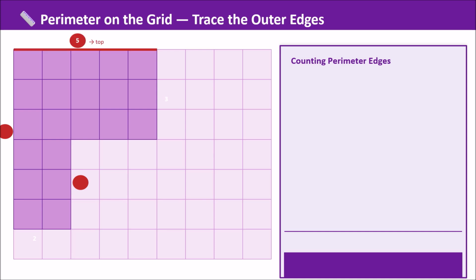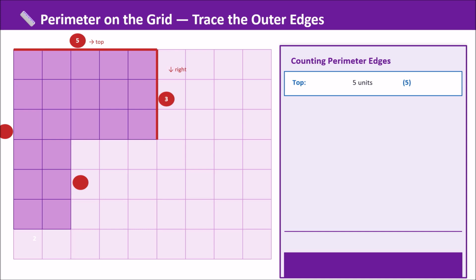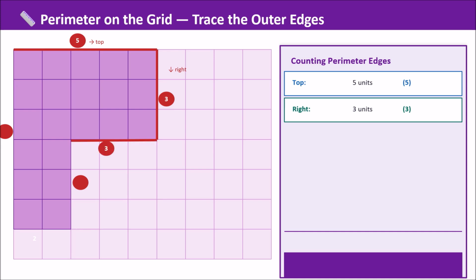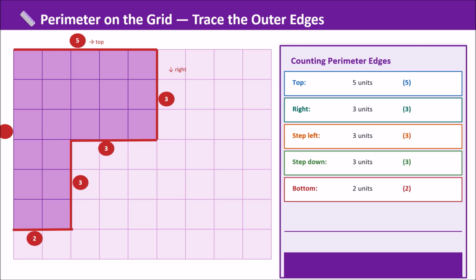The top side counts the grid squares along the top, that's 5 units. The right side goes down 3 units. Then we step left across the inner notch, that is 3 units. Then down the inner step, that is 3 units. Across the bottom we have 2 units.